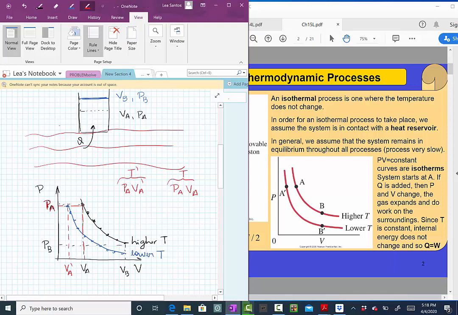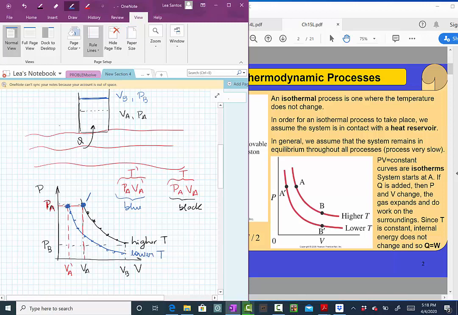So this is on our black isotherm, and this here is on our blue isotherm. Which one has the higher temperature? Well, I picked the point where the pressure is the same, and you see that here is the point for the black and here is the point for the blue.